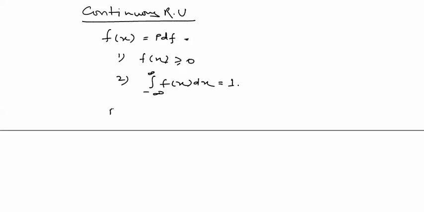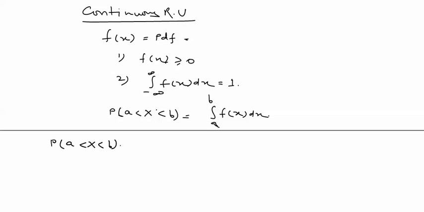A very important property: if we want to calculate the probability between A and B, two different points, it can be calculated as the area under the PDF between these two points. In this case, all the probability criteria are equal.